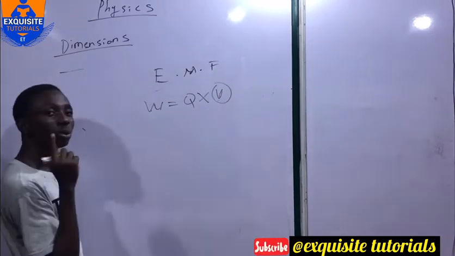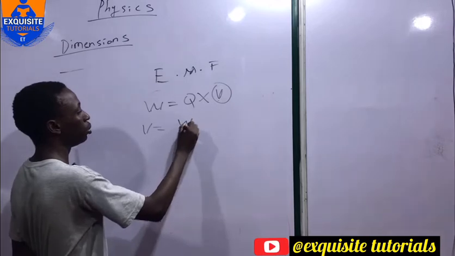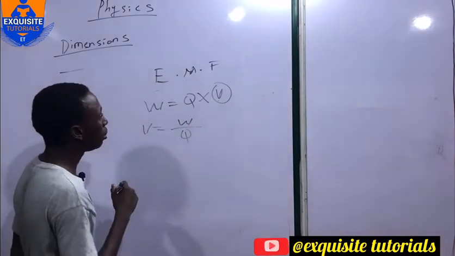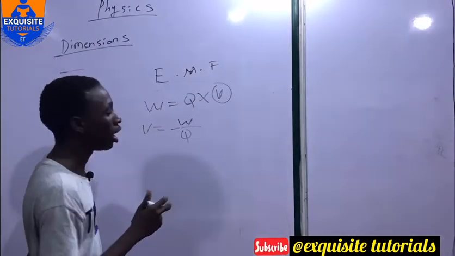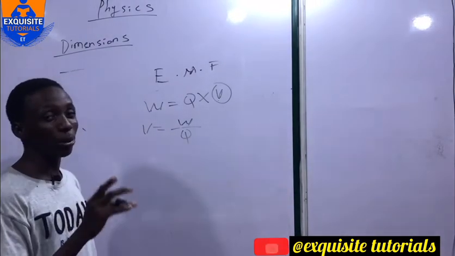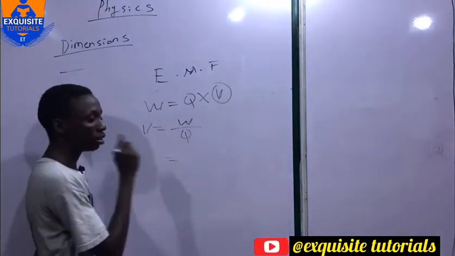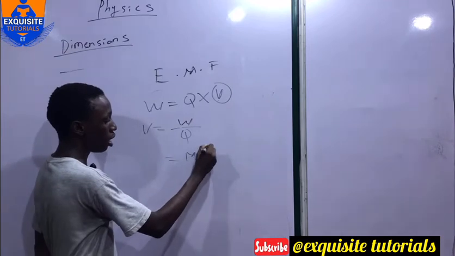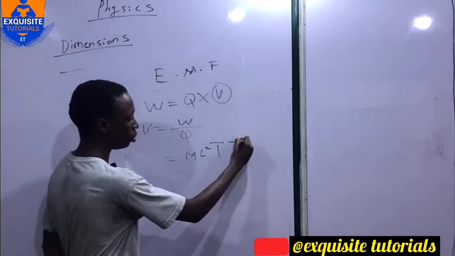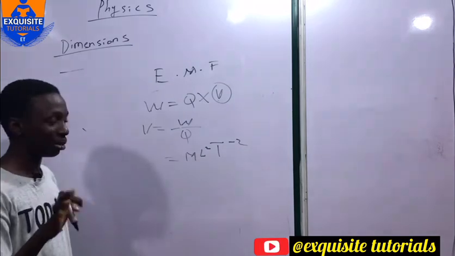So we can now say V is equal to W over Q. Remember the dimension for Q is AT, and we know that work done is equal to force times distance. If you don't remember, you can go back to the previous examples and check the formula for work done. The dimension for work done is ML squared T minus 2, that is force times distance.